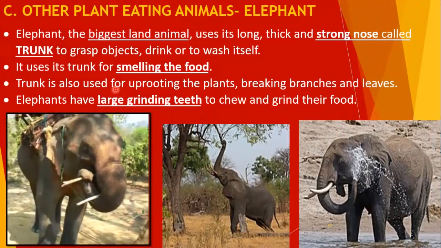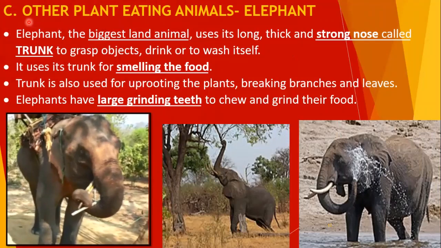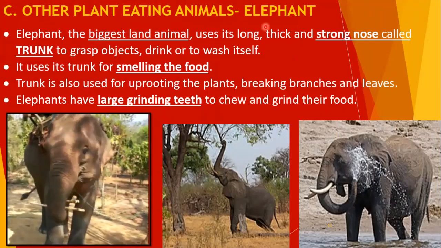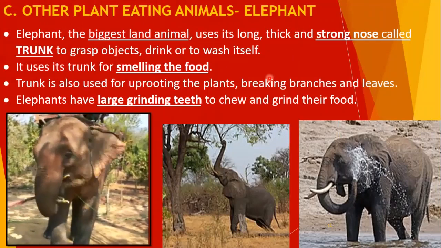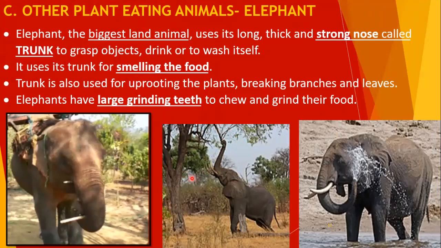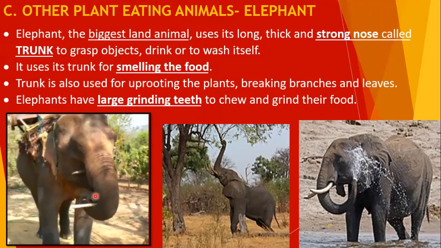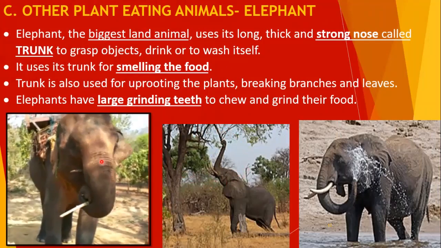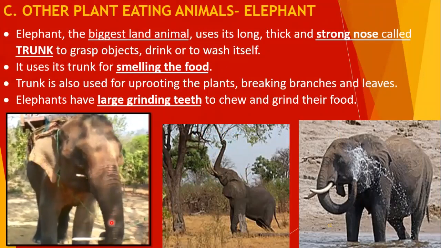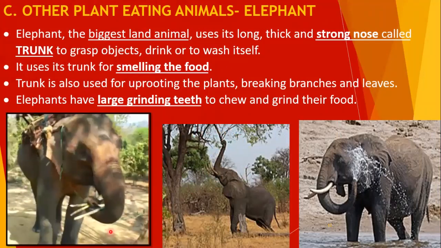Children, let us study about some other plant-eating animals. The first animal is elephant. Elephants use their trunk to tear off grass and branches and put it in their mouth. You must be wondering, what is a trunk? Trunk is the strong nose of an elephant.